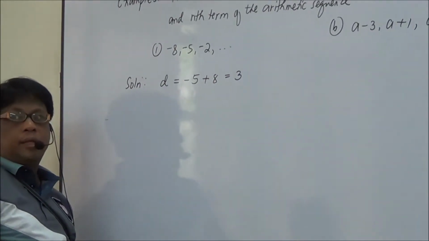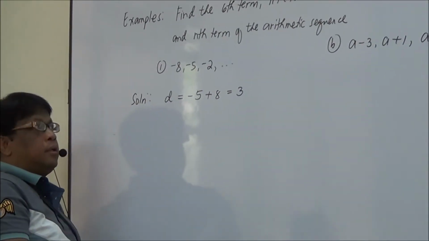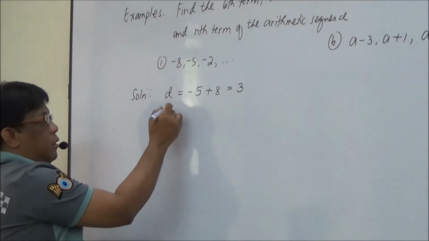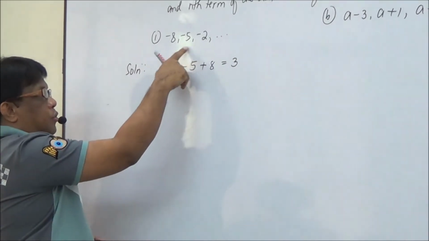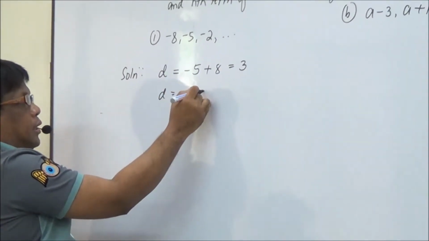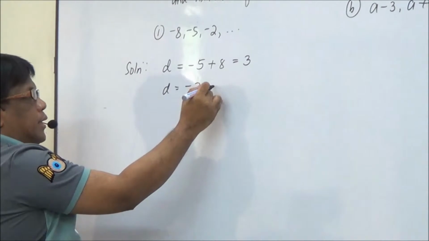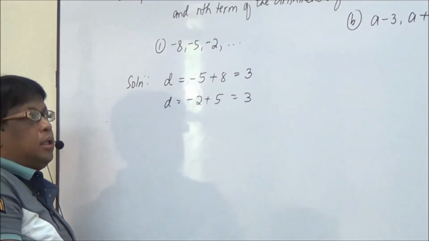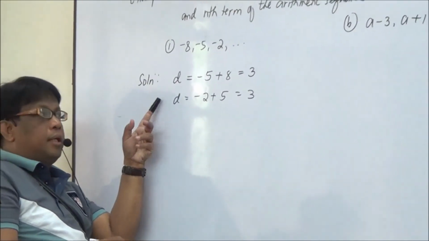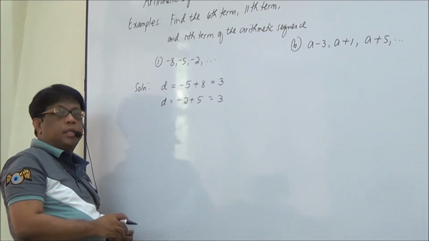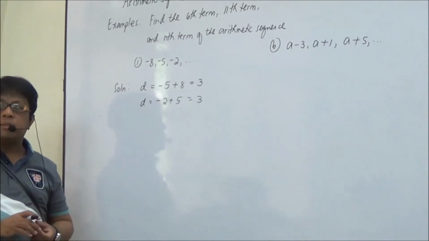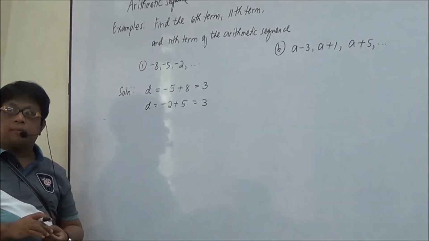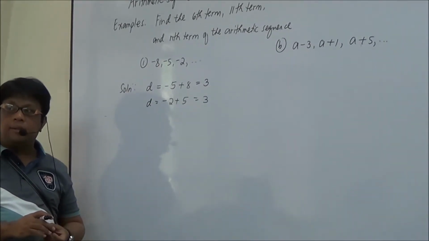Let us also take the difference of the other pair: negative 2 minus negative 5, which is negative 2 plus 5, also equal to 3. You need to find the common difference first, because an arithmetic sequence is characterized by a constant difference.